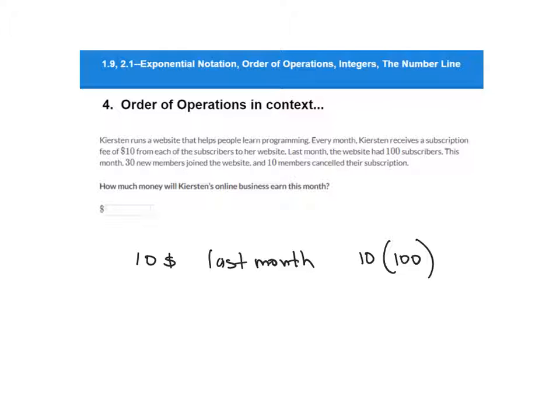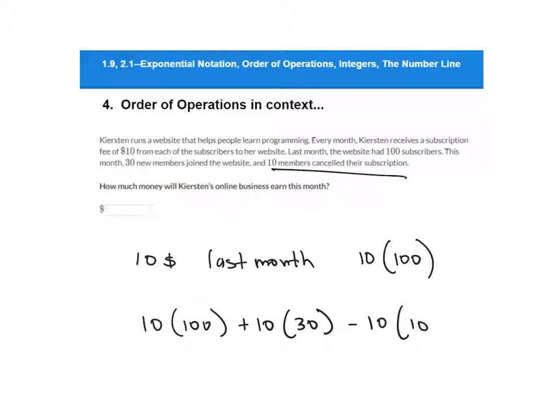So that was last month. Well, this month, if we retain the 100, but we gain 30 new, but then lose 10, it says that 10 members canceled. So this order of operations looks as if, what would it be this month?